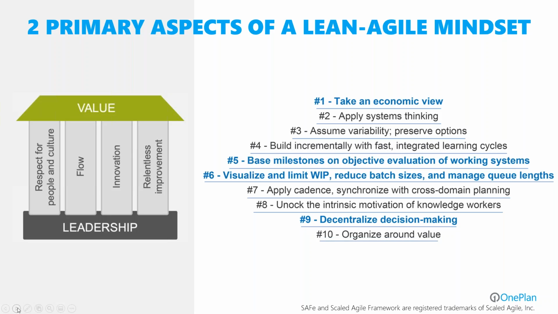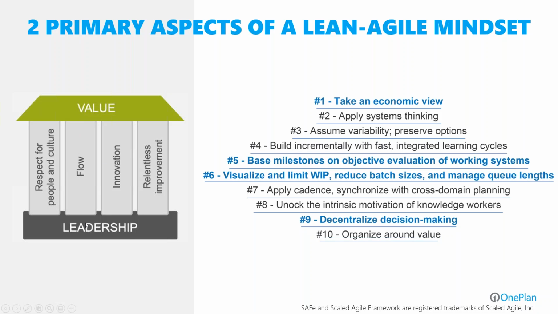I think you can transfer or translate some of this into your business agility plans. Take an economic view. Base your milestones on objective evaluation of things, what you can see and touch, not what someone documents. Visualize and limit work in progress, decentralized decision making.